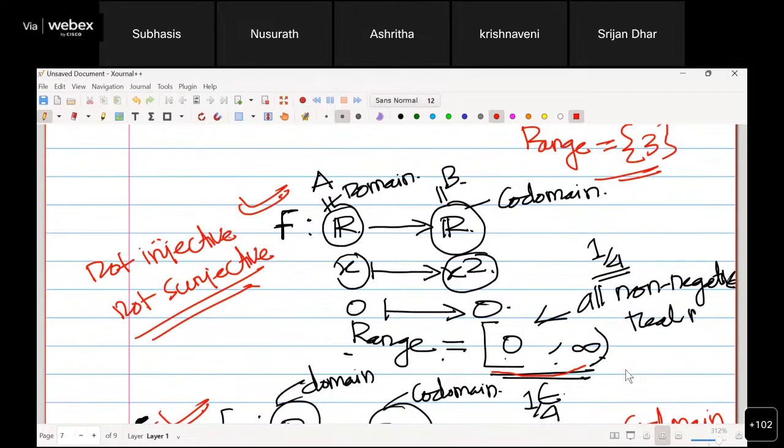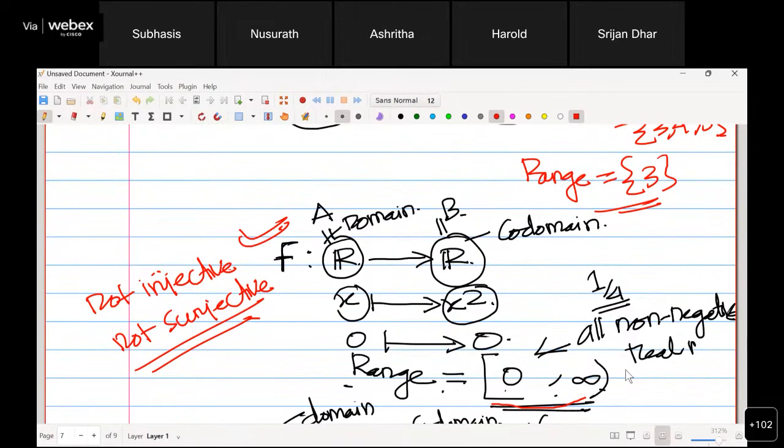So is this one-to-one? No, sir. Why should this be one-to-one? Because see, what is the image of -2 here? -2 goes to 4.